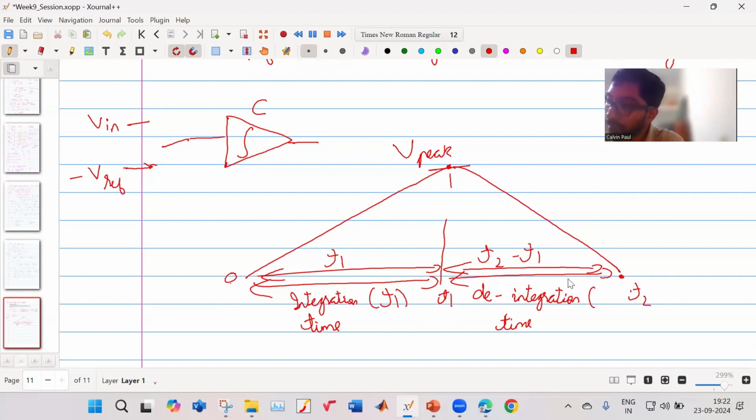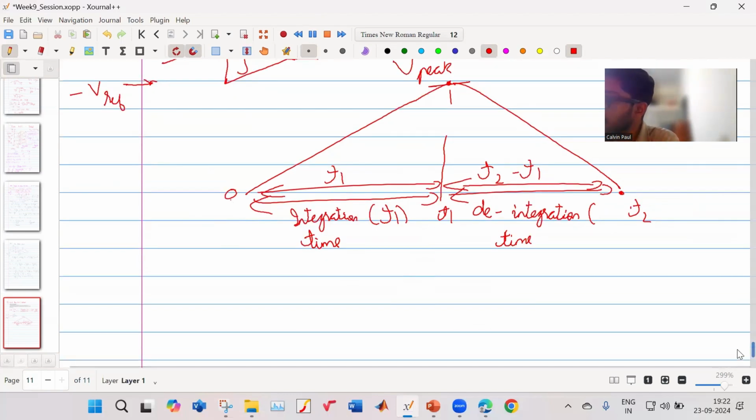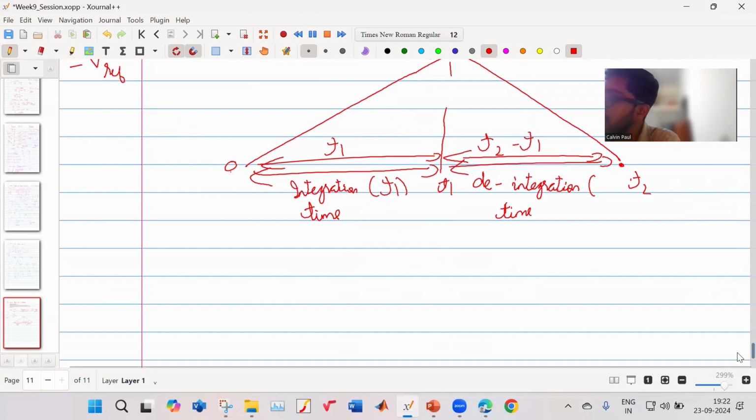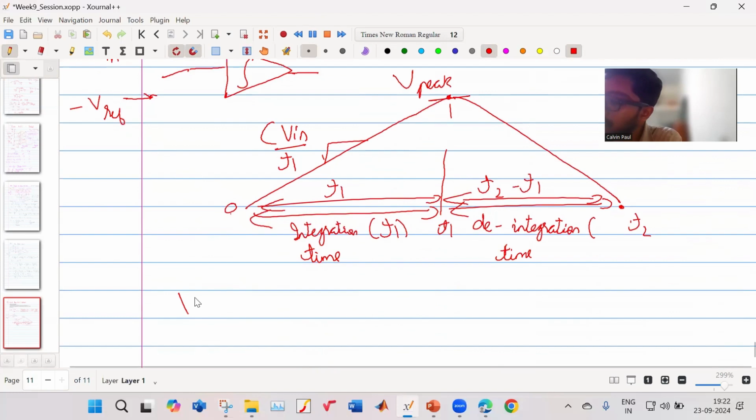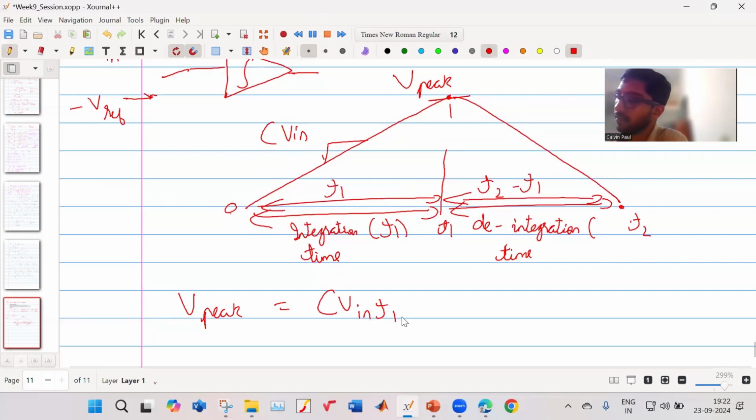So integration time is T1 and the slope of this will be equal to C into Vn upon T1. Okay. So your V peak is equal to C into Vn into T1. And this slope is actually minus C into Vr, and then it will reduce at that slope.